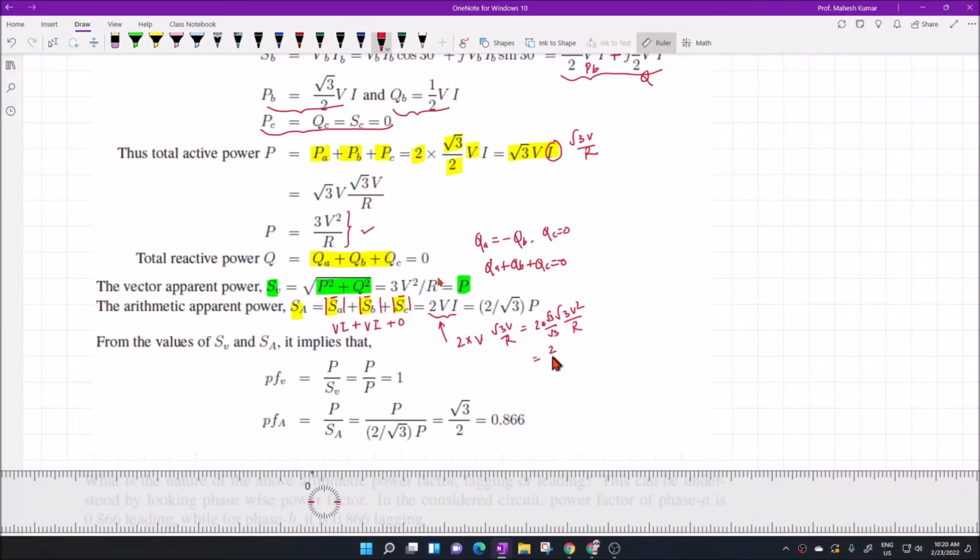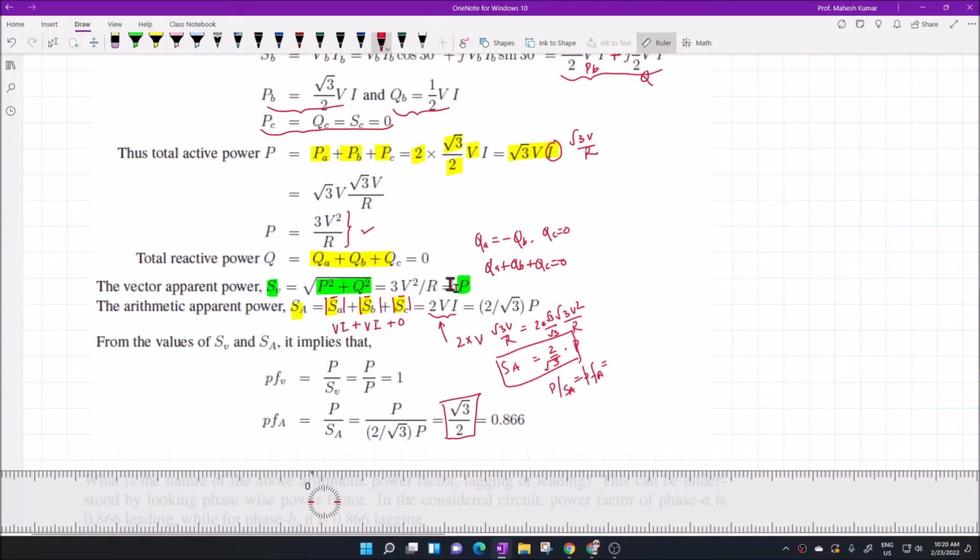This becomes 2 by root 3 into P, as you can see here, and therefore this is SA. Therefore the power factor based on the arithmetic apparent power will be root 3 by 2 from this relationship. So this is root 3 by 2, which is 0.866.